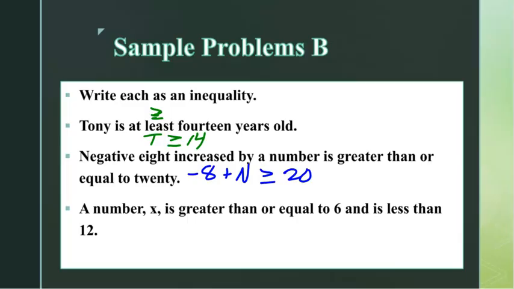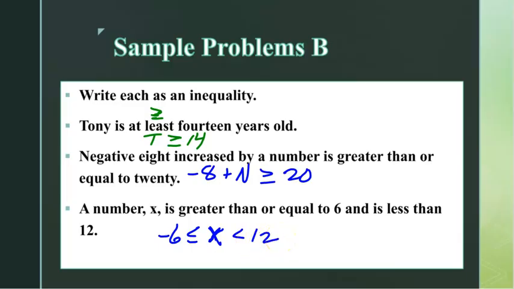Next one, a number x is greater than or equal to 6 and is less than 12. So a number, so I'm going to have x is greater than or equal to 6, and it's less than 12.